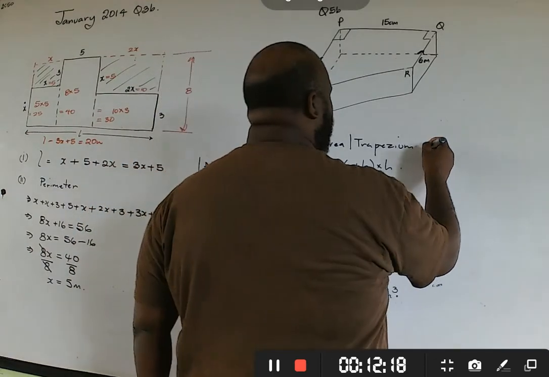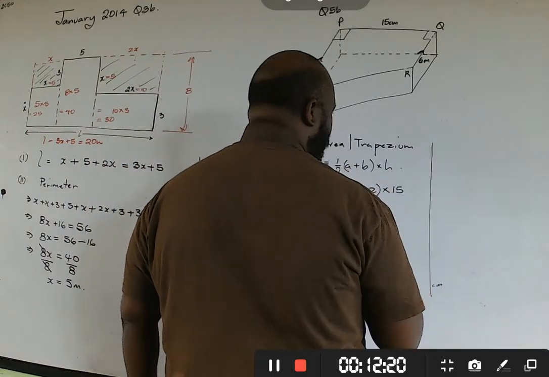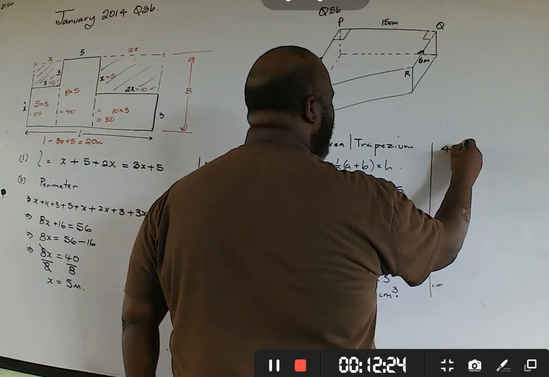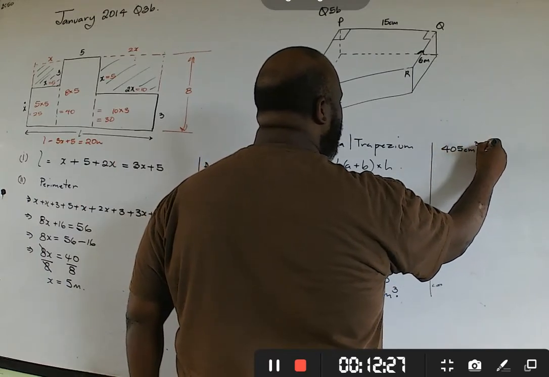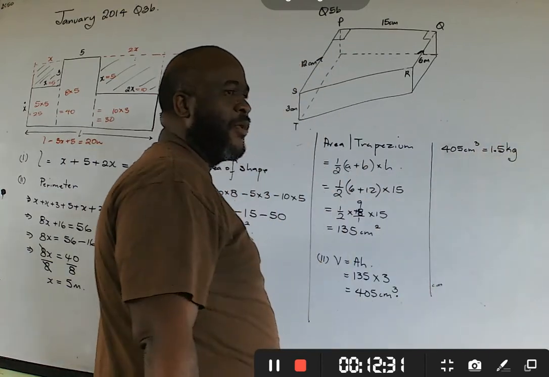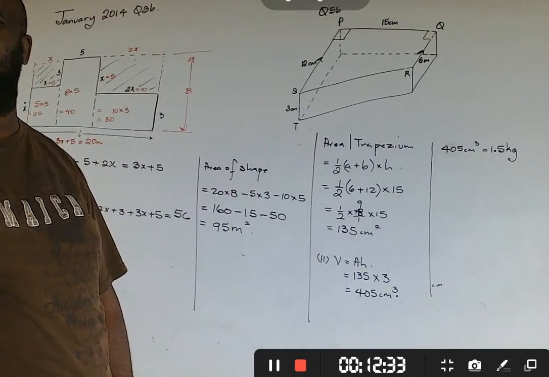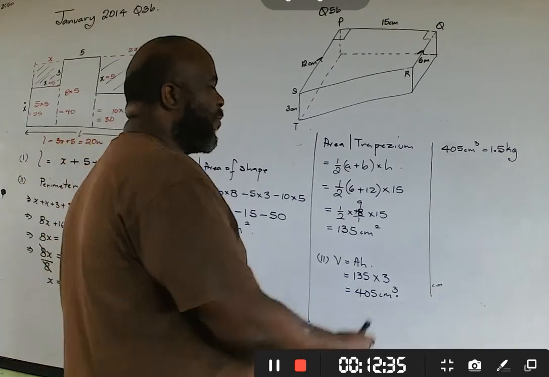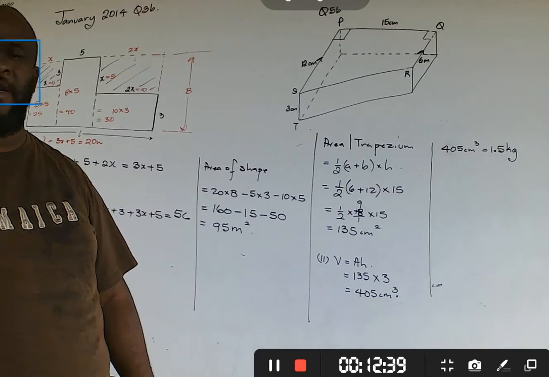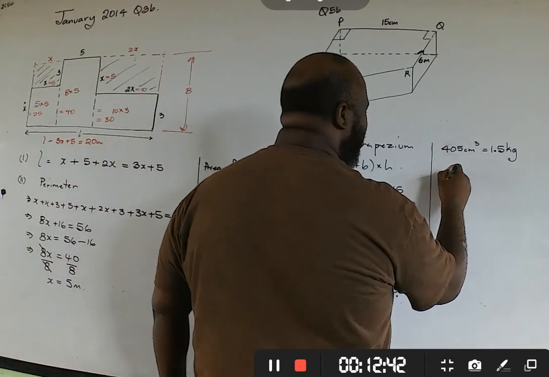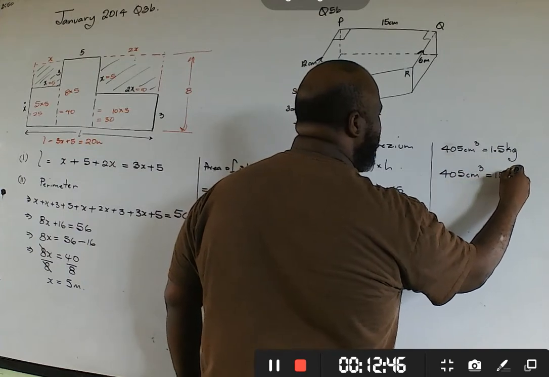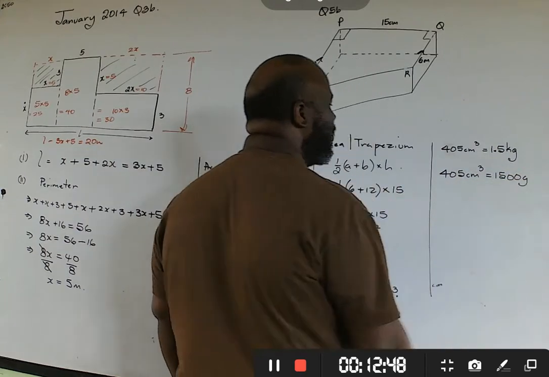So 405 centimeters cubed is 1.5 kilograms. 1,000 grams makes 1 kilogram. So 405 centimeters cubed is 1,500 grams. Do you agree?